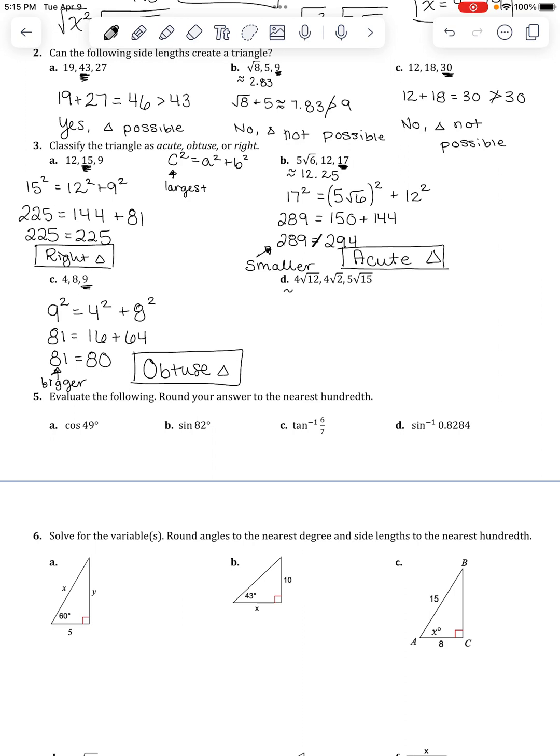For the sake of ones like this next one where you got some real ugly numbers, start by figuring out what they're equal to as decimals, not because that's what you're going to plug in, but because you need to know which one's biggest.